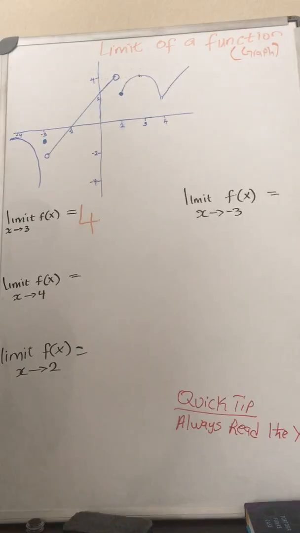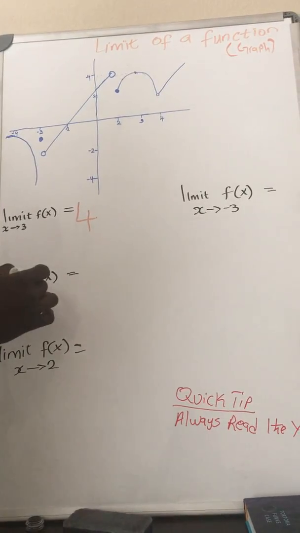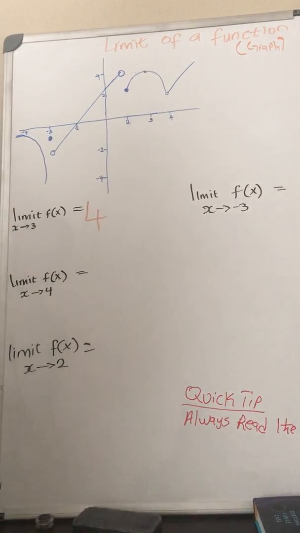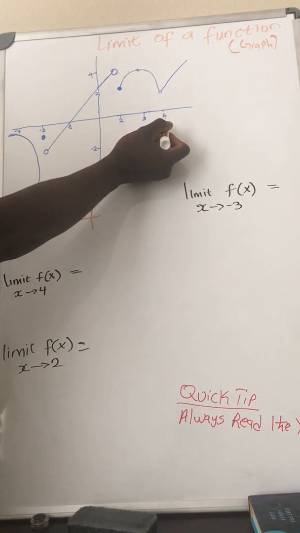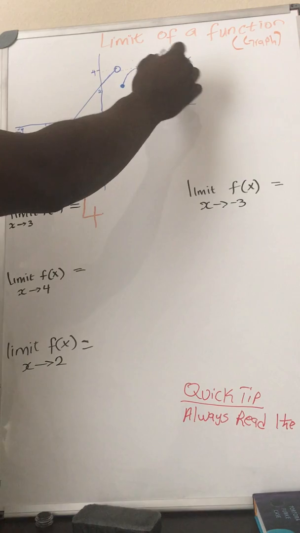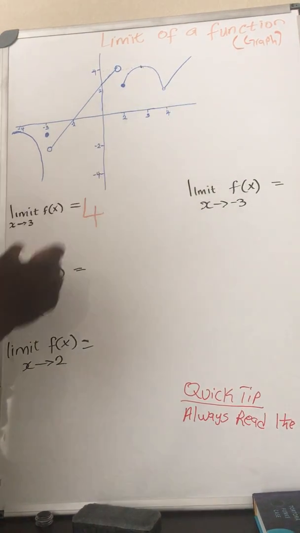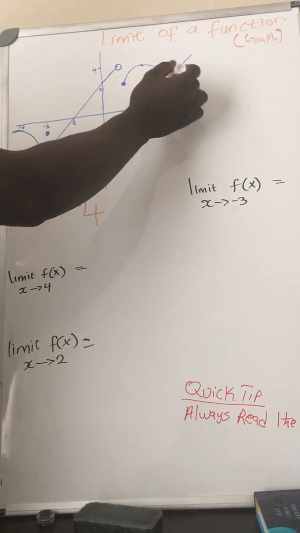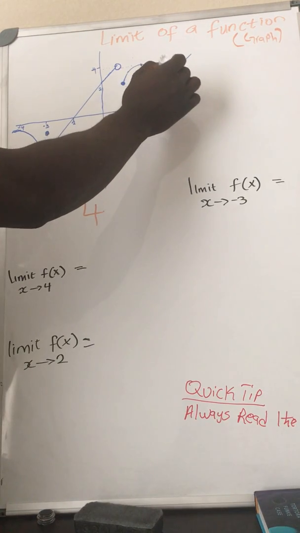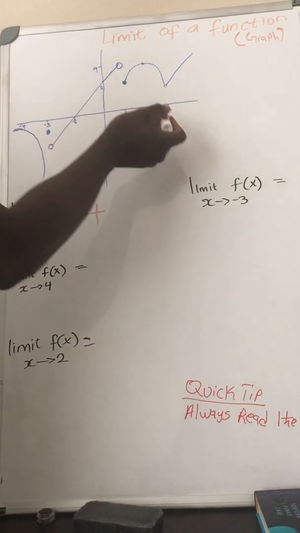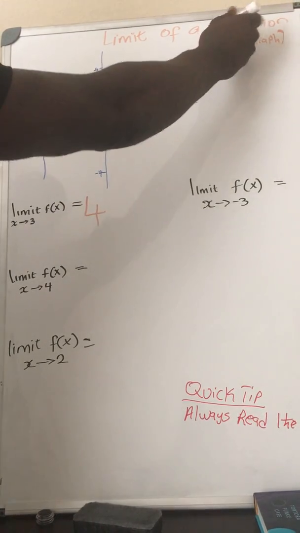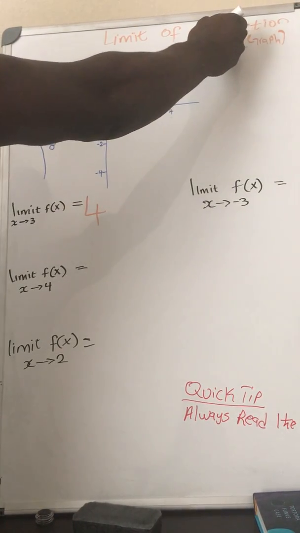So let's go to the next question: the limit as x approaches 4 of f of x. Right here we can see 4. The limit as x approaches 4 right here is undefined, but it does exist.